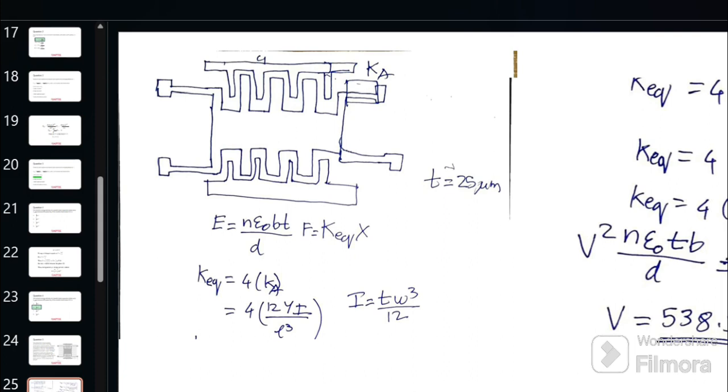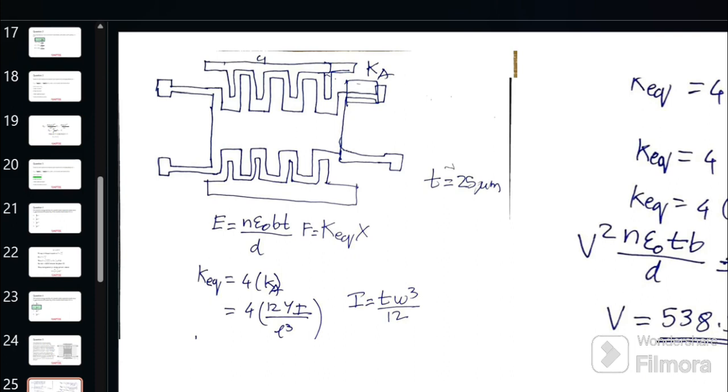Using this equation we find the equivalent spring constant, multiply by the displacement, and then we equate it with the first formula of the electrostatic force, that is V square epsilon naught.